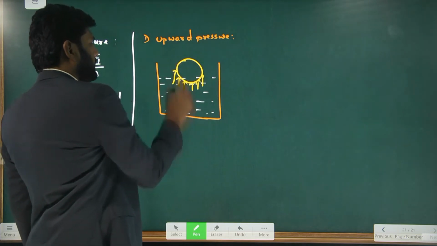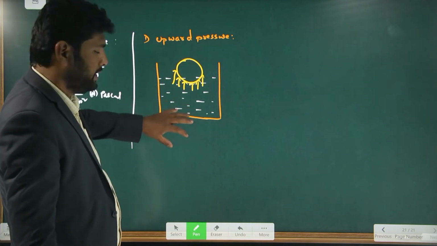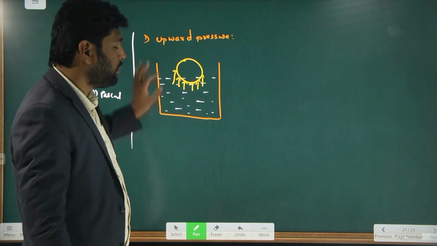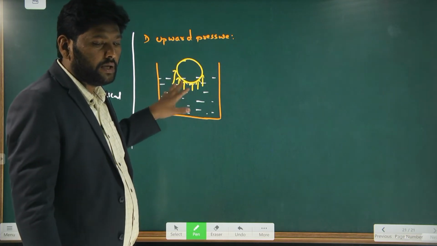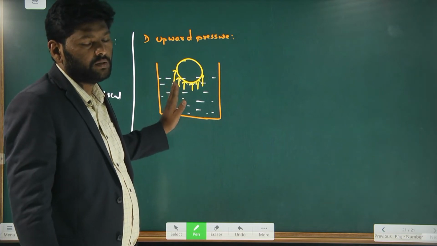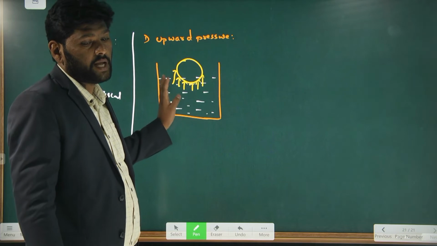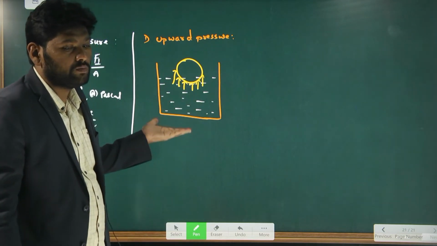Why is this ball moving in the upward direction? See here, when it is submerged in a liquid, the liquid is applying some pressure on this ball, so the ball is moving upward. The pressure is acting in the upward direction, so that the ball is moving.